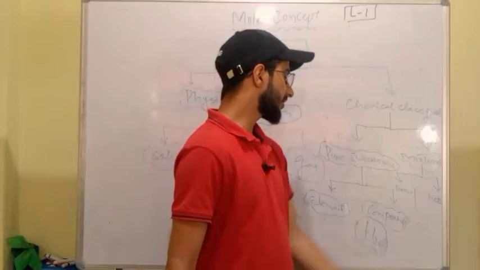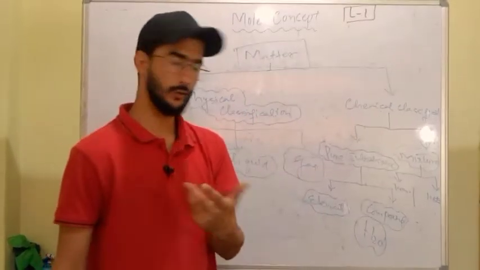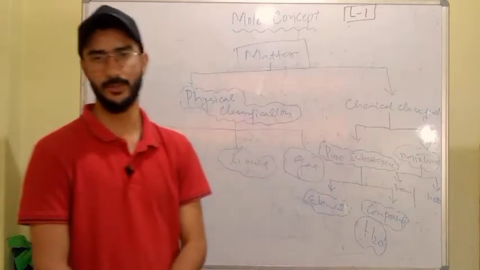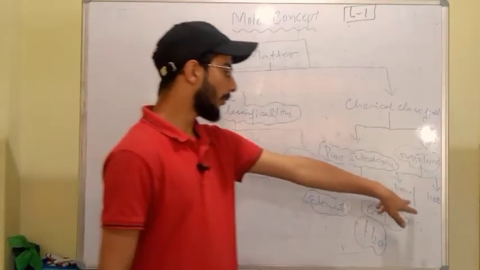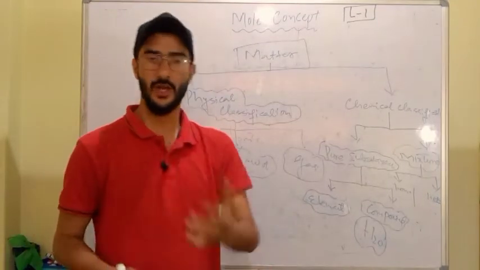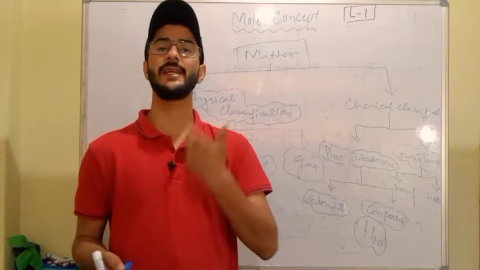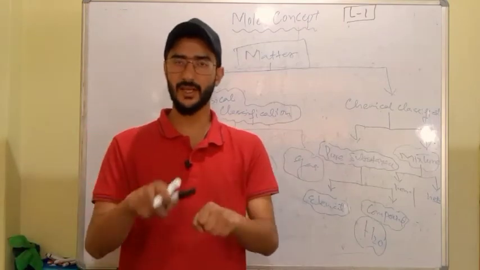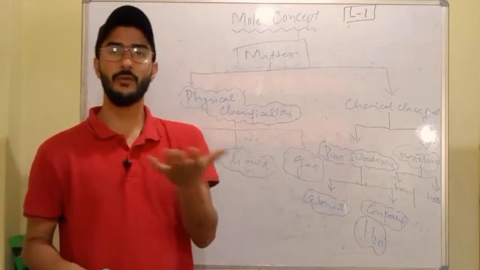And in case of mixtures, I have two subclasses, the homogeneous mixture and the heterogeneous mixture. Homogeneous mixtures are those in which we have only a single phase. We are mixing something, but we get only one phase.